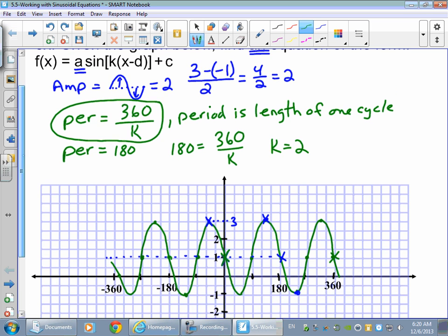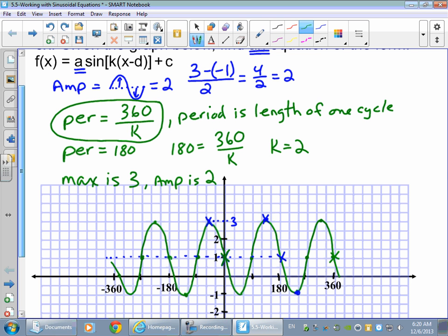And then my other 2 values basically are saying how far over and how far up I have shifted. Well, if my maximum value is 3, and my amplitude is 2, that means that on my original curve, I would have gone up to 2 and down to -2.